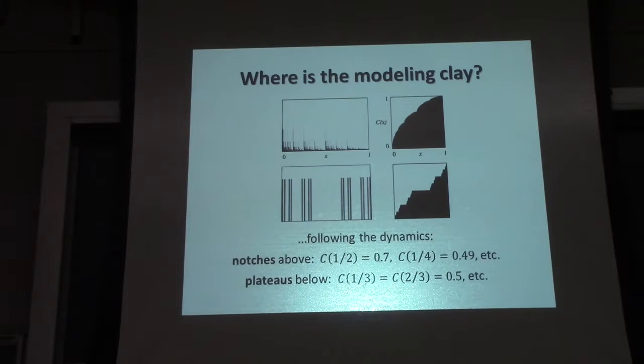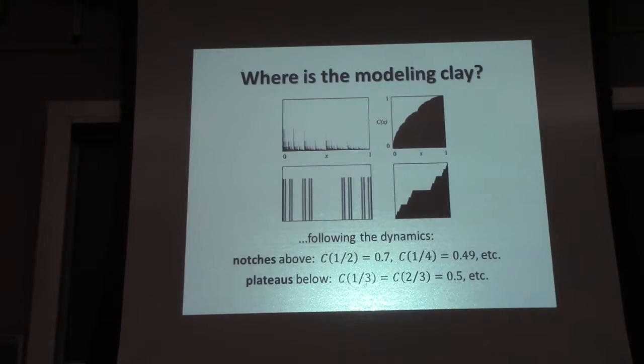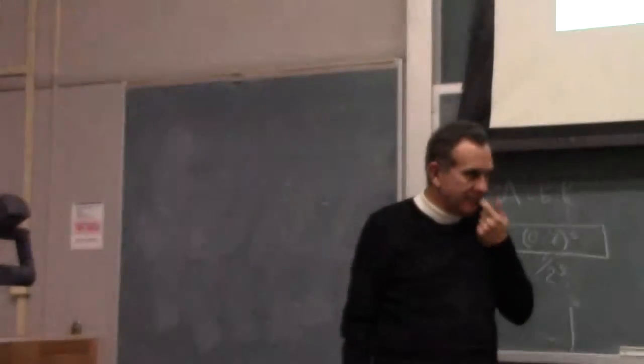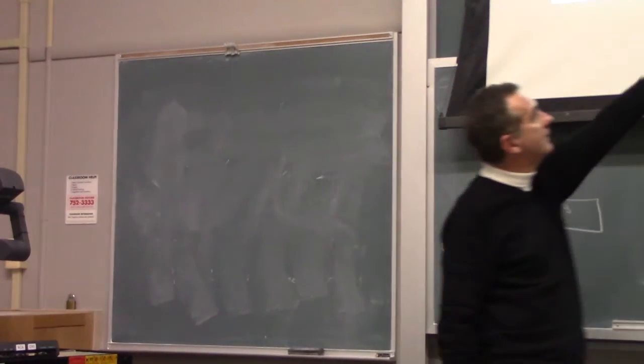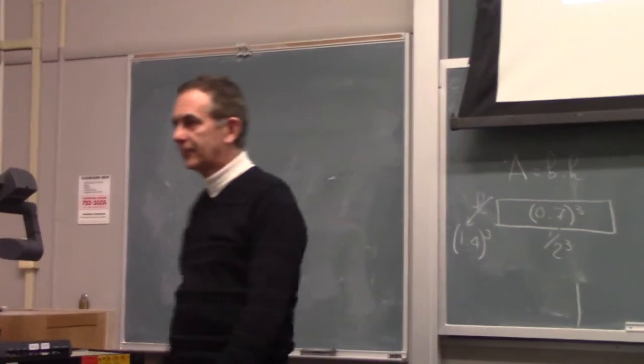If you were to add the length of all the plateaus, the length of all the plateaus is equal to 1. Why? Because this is the length 1, which is the same length 1 there. The length of all the holes is equal to 1. Why? Because you take all the holes and you take out the dust. The dust doesn't add up any length. So the length of all the holes is equal to 1. Consequently, the length of all the plateaus is equal to 1. Yes, sir?